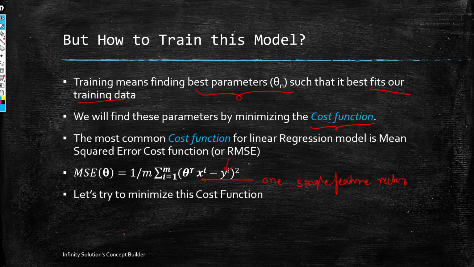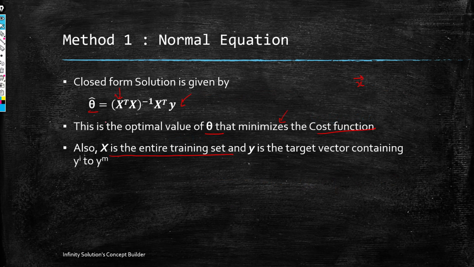I am not repeating it again, I hope you all know this. Here you can see this is the entire training data set, the entire matrix of age, height, and hours of exercise or something. So this is the entire training data set X. We take its transpose, multiply, take the inverse, and then multiply again with X transpose and y.